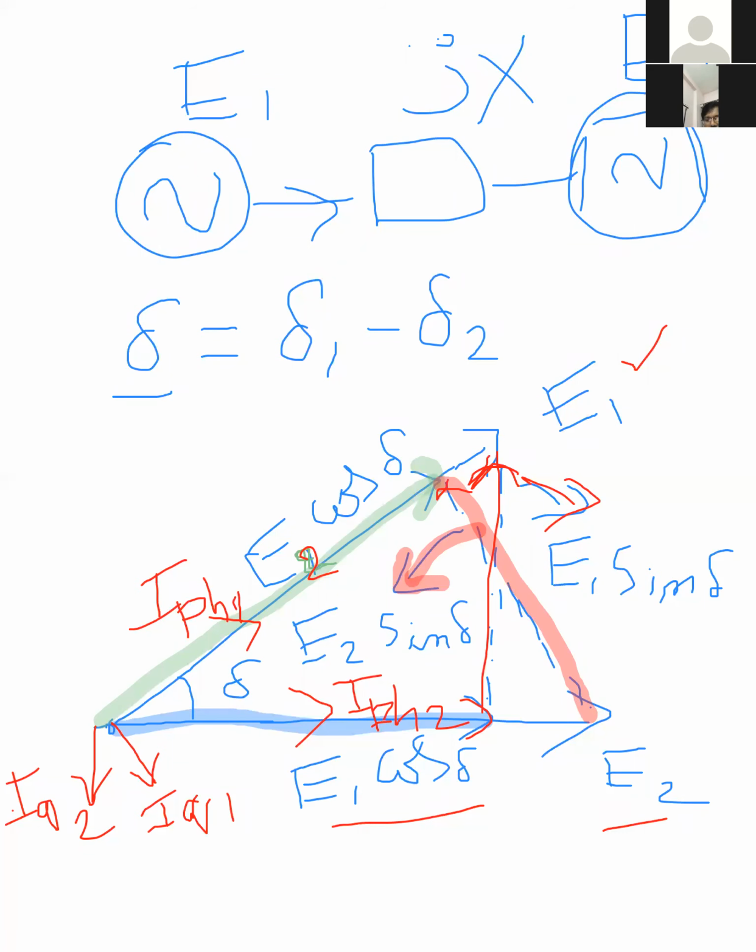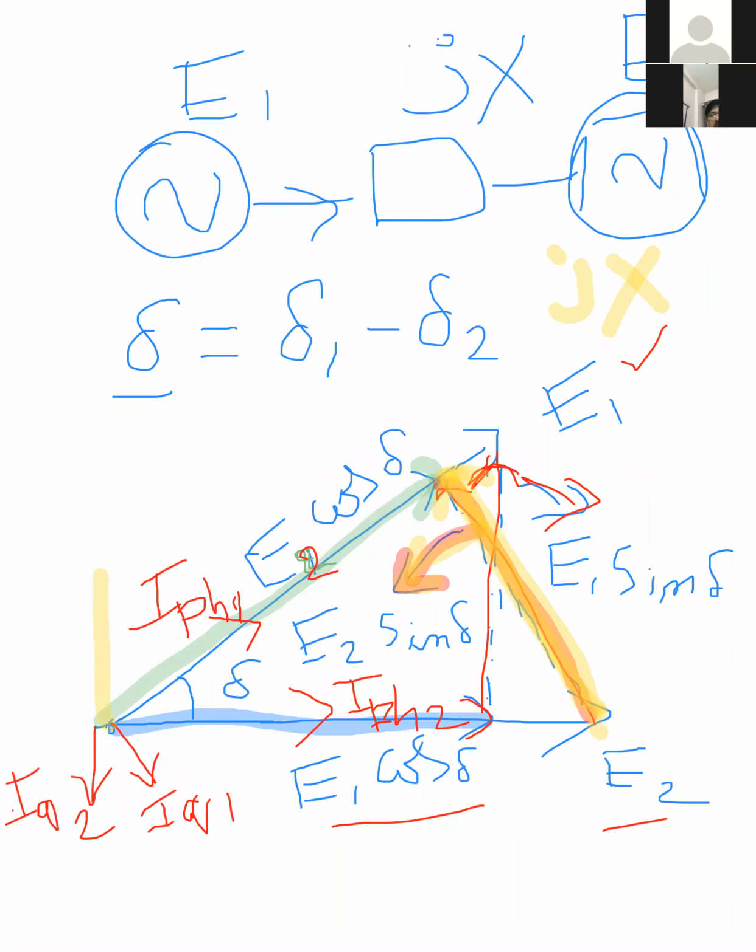Please follow me. This is E2, and you can see that this is E2 sin delta. E2 sin delta divided by Jx gives the phasor current.